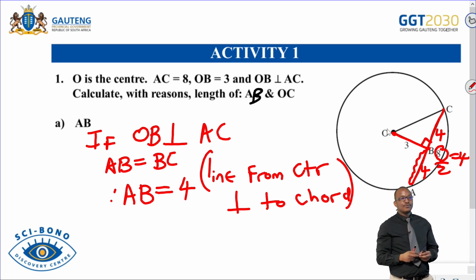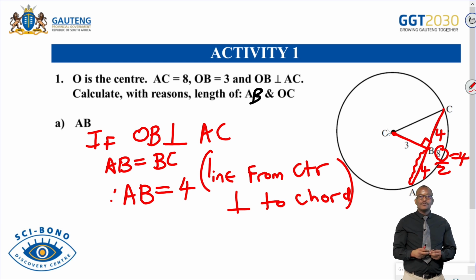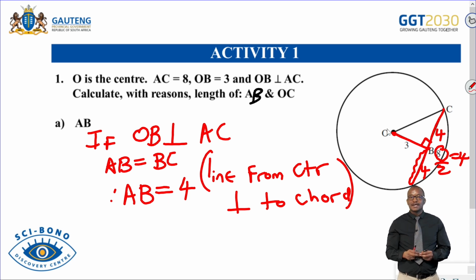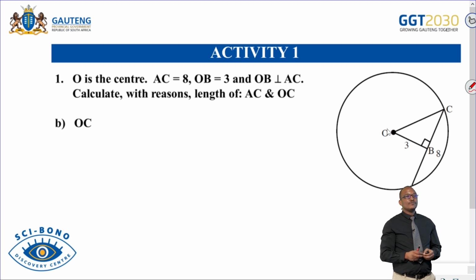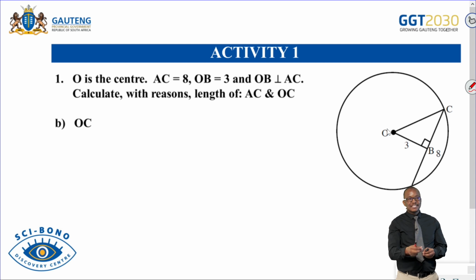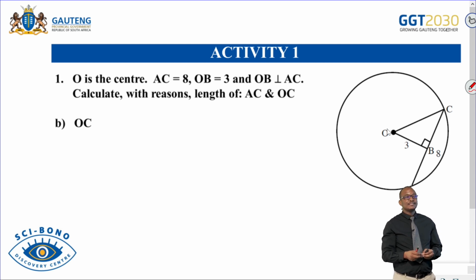So that is how you prove that those 2 lines, AB and BC, are equal. It is as simple as that. So now you move to B. The statement still stays the same: O is the center, AC is equal to 8, OB is equal to 3, and OB is perpendicular to AC.